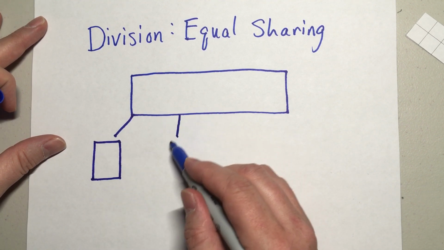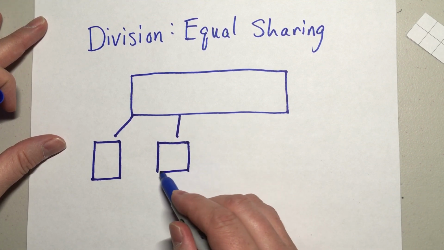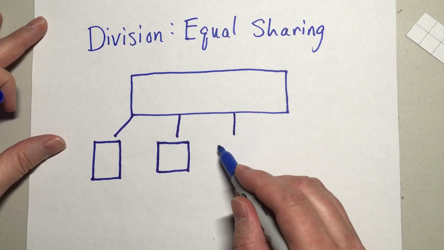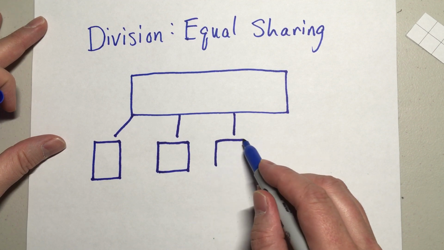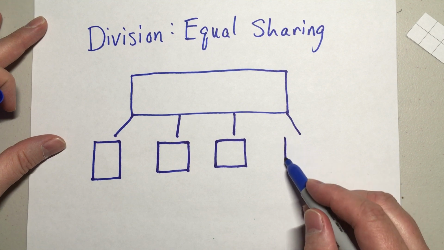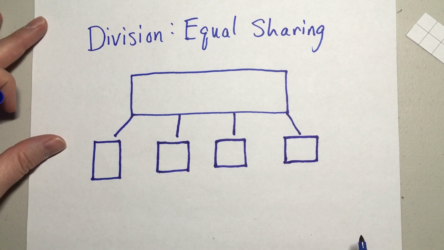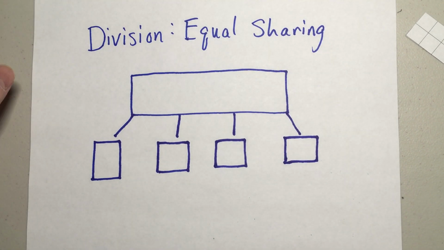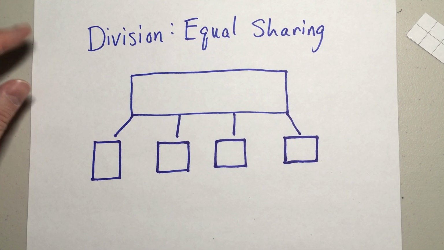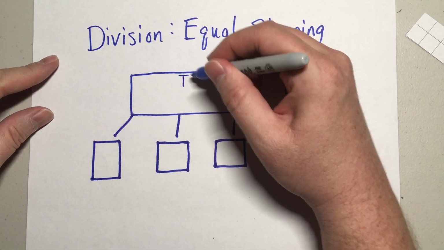So this would be a sharing mat where I could equally divide something into, say, 4 equal parts. Kids love this. And if you have it on a dry erase board, oh, they'll go nuts with it, I guarantee it.